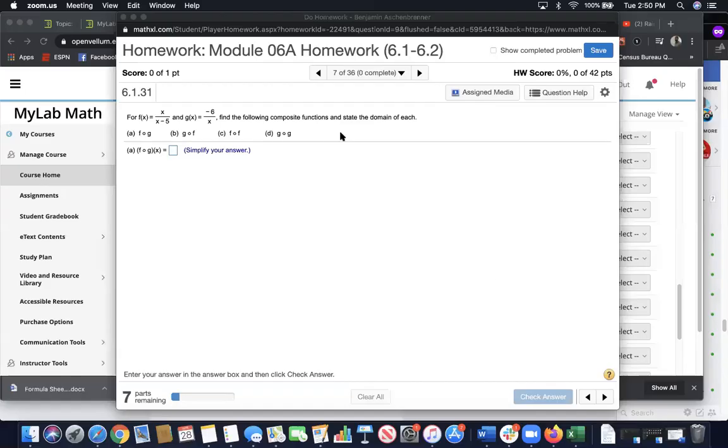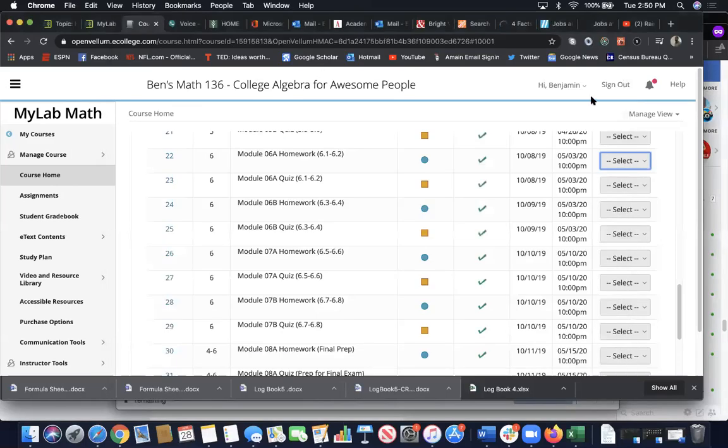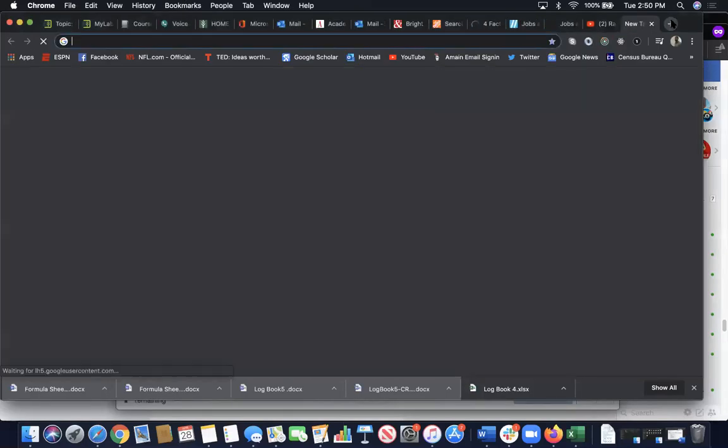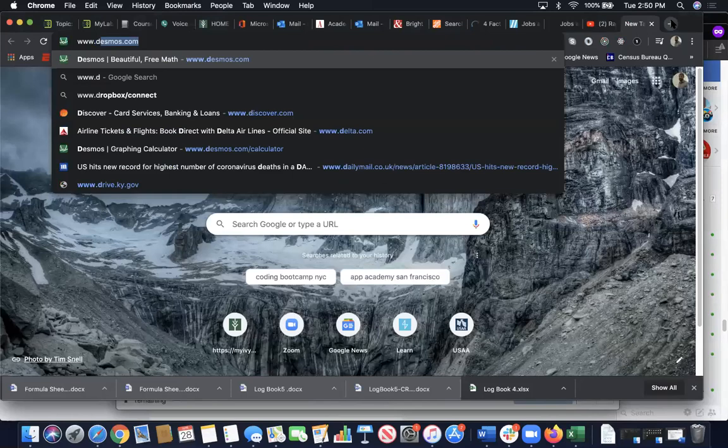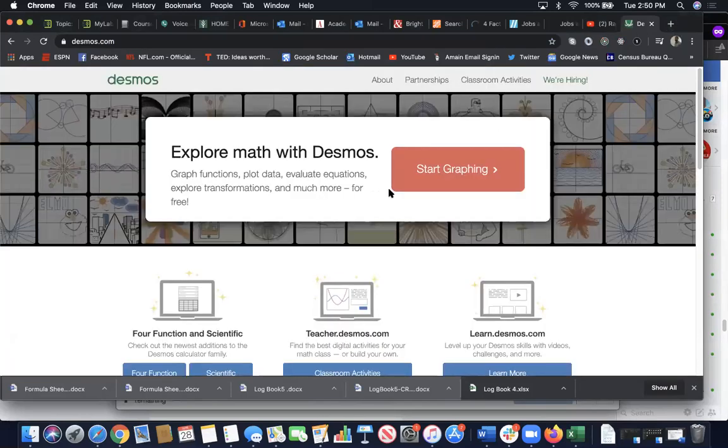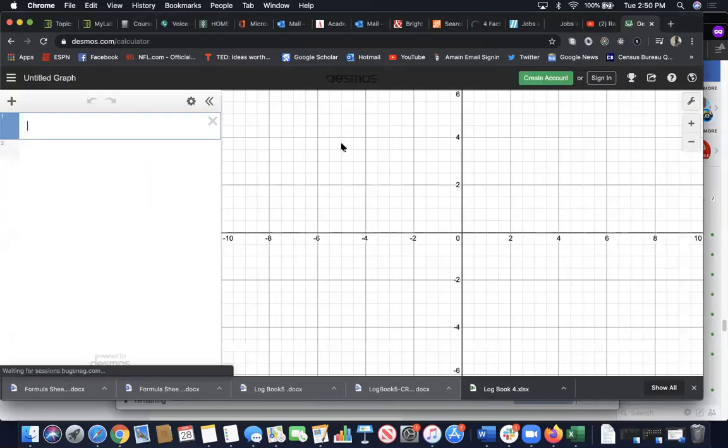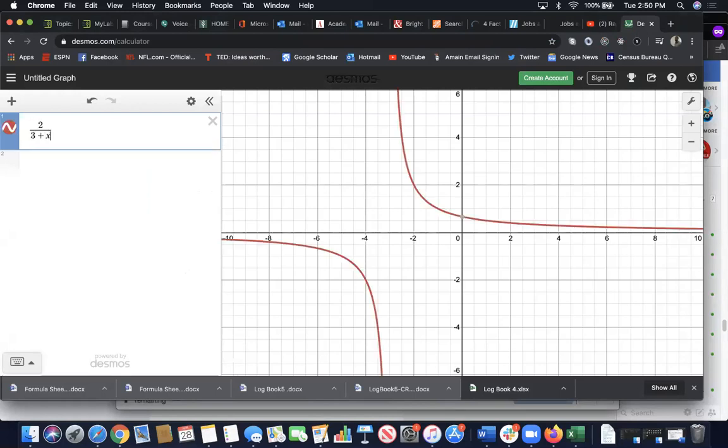To do that, my go-to is Desmos. So I'm just going to go over here to Desmos. Two over 3 plus x, and then I'm adding 1.